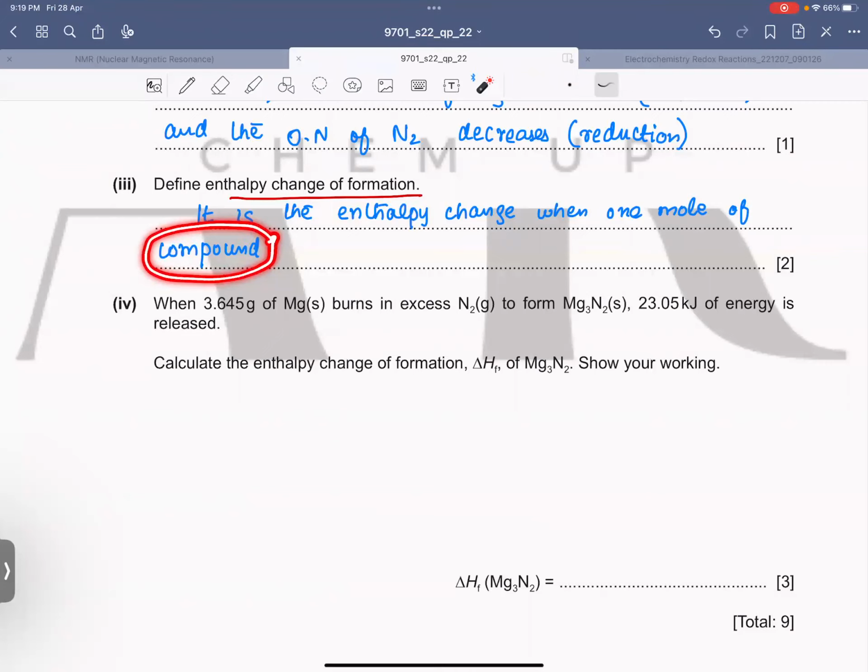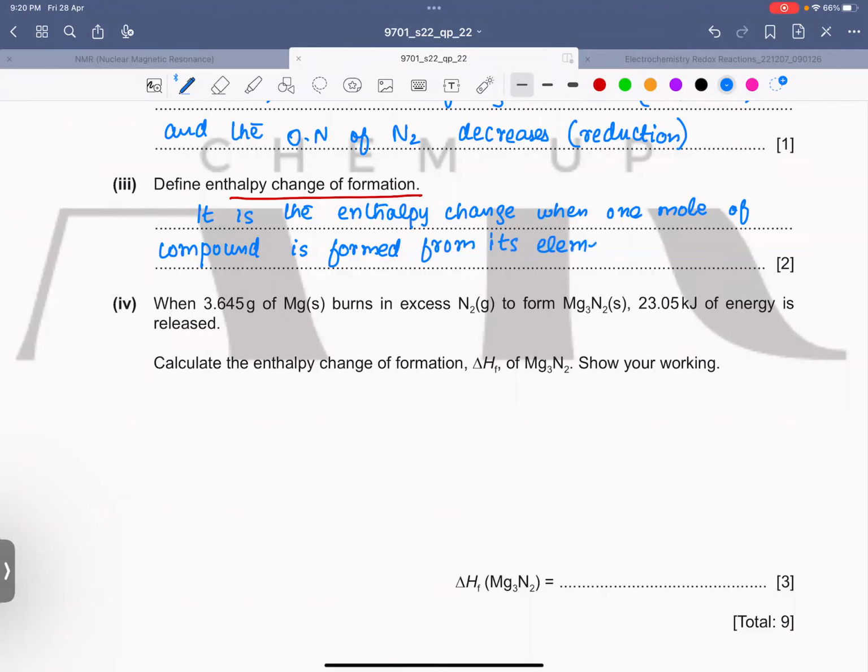So it is restricted to compound, to the formation of a compound only. So it is the enthalpy change when one mole of a compound is formed from its elements under standard conditions.